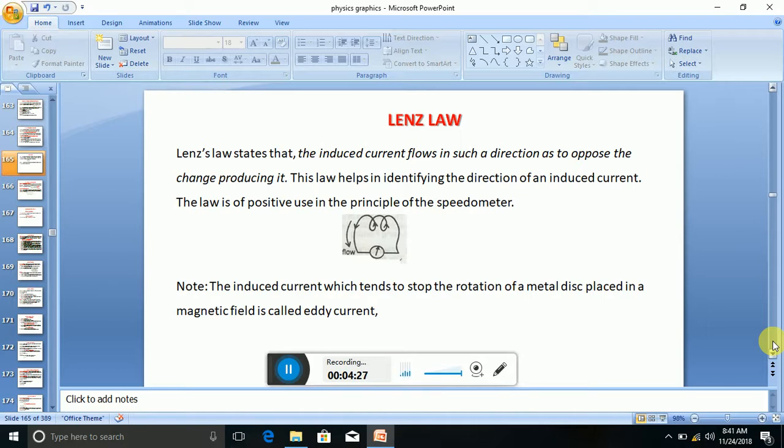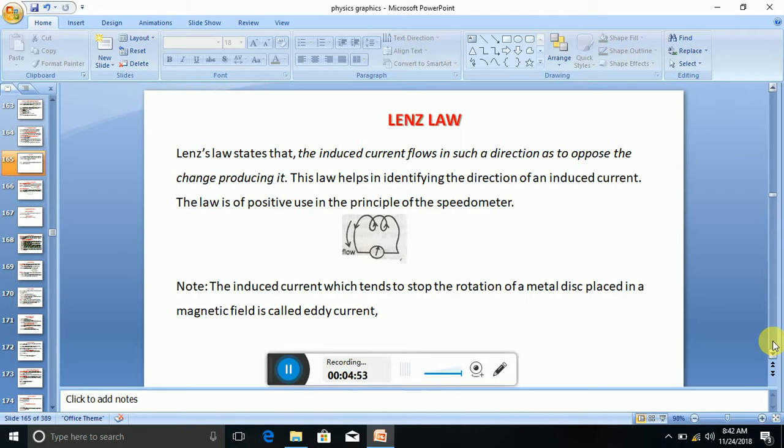This Lenz's law helps in identifying the direction of an induced current.